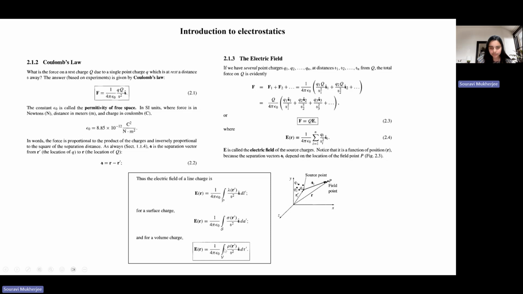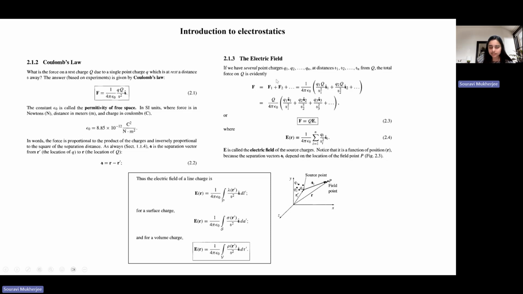This rho here is the volume charge density, so rho d tau will be the net charge. You can do this volume integral to find the net force. Then force per unit test charge will be your electric field. So if you find the force and then divide by the test charge, the force per unit charge is defined as your electric field at that point.